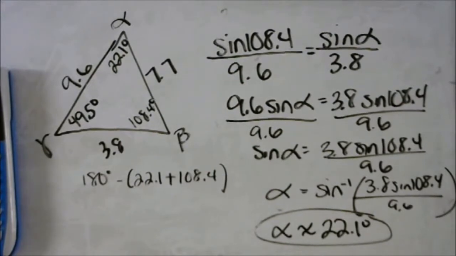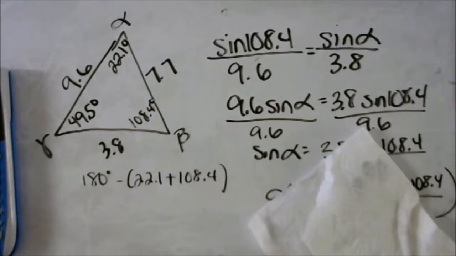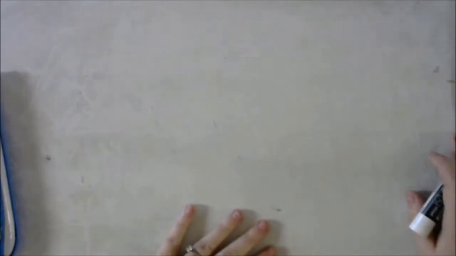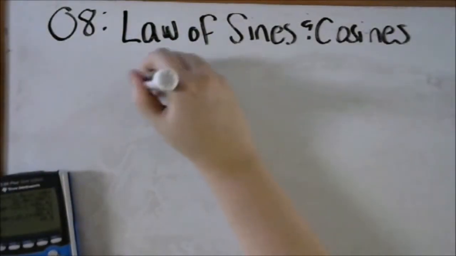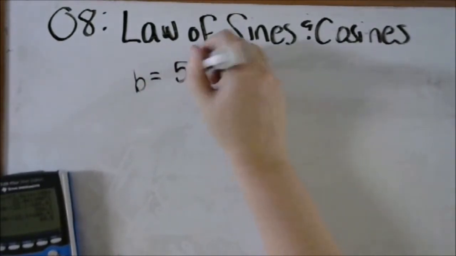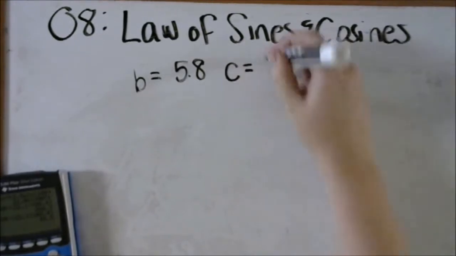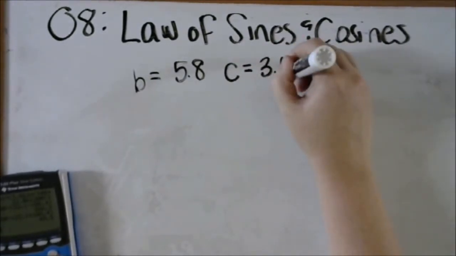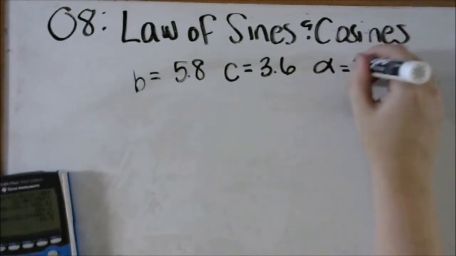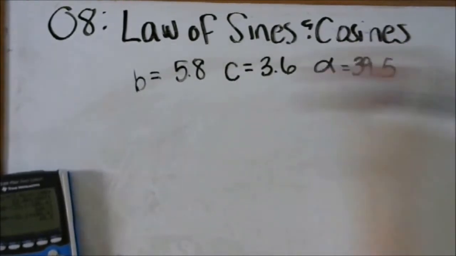Let's do one last example. This time we're going to know the angle in between the two sides and see how that changes our use of the formula. So for this last example, we're going to say that b is equal to 5.8, c is equal to 3.6, and alpha is equal to 39.5.